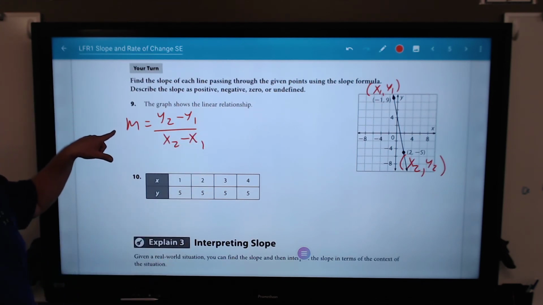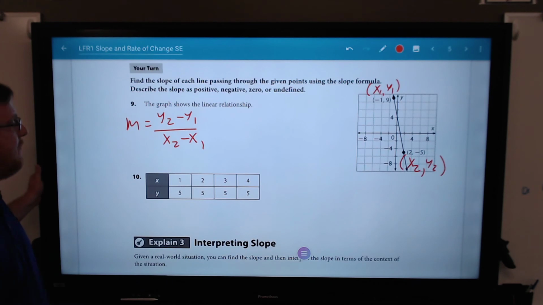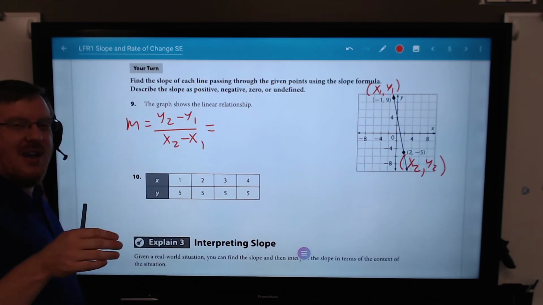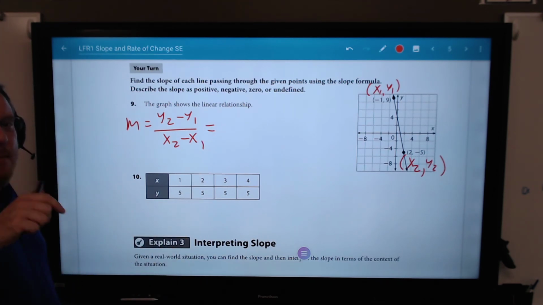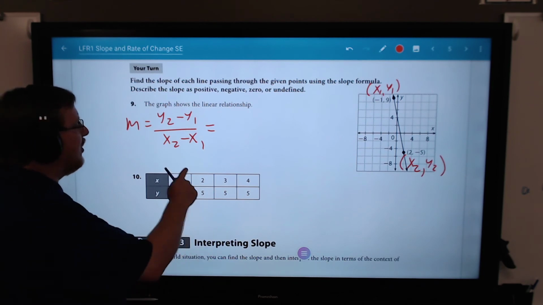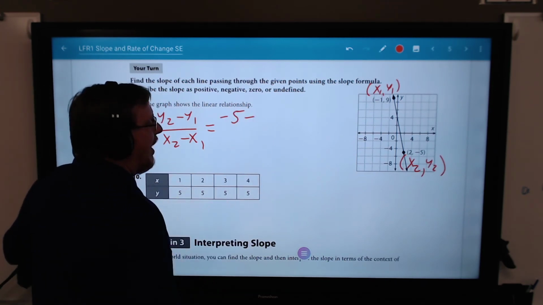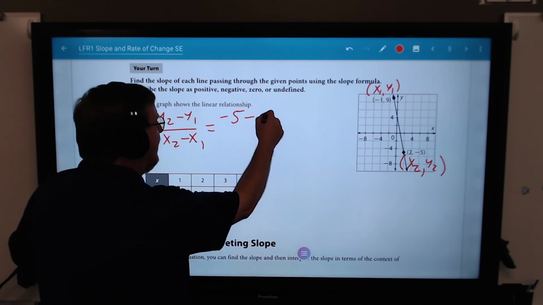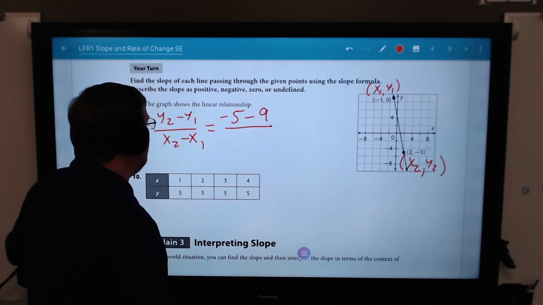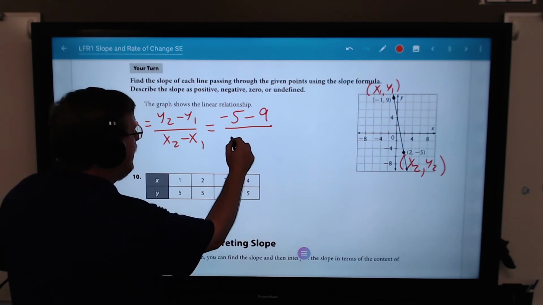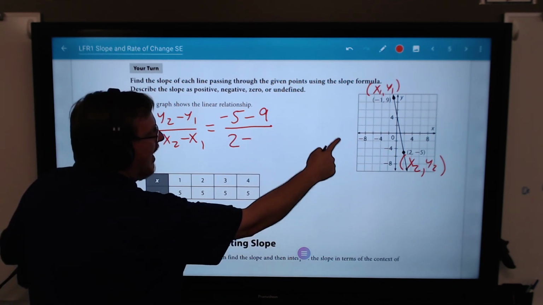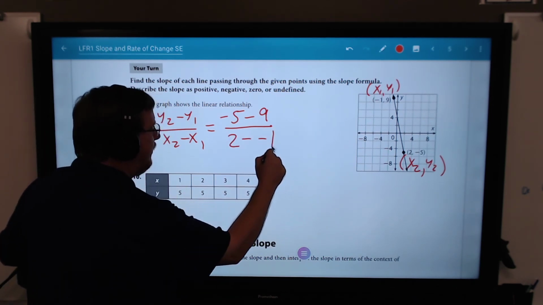M, again, that's the letter we use for slope. Okay? And if you remember, think of y equals mx plus b. The m is what we're after here. So let's go ahead and do this. y2 we said is -5 minus y1 is 9 divided by x2, which is 2, minus x1, which is -1.